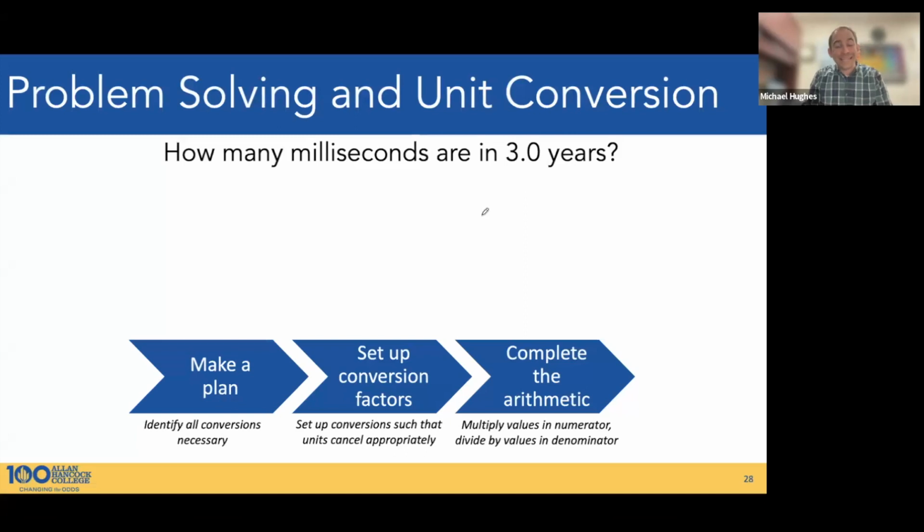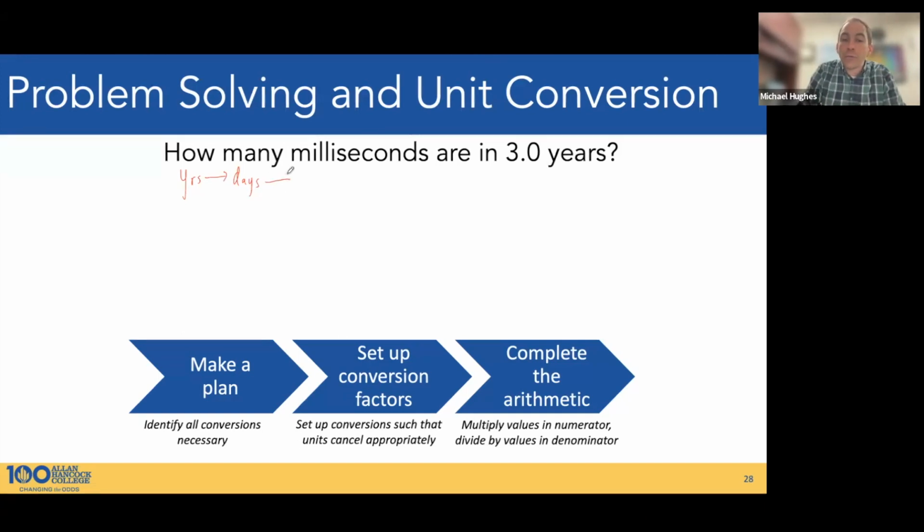But we've got to get to seconds first from years. So my plan is I'm going to go from years to days, because I know that conversion factor. If I live 1 year and my daughter lives 365.25 days, don't forget about that leap year, we have lived the same period of time.